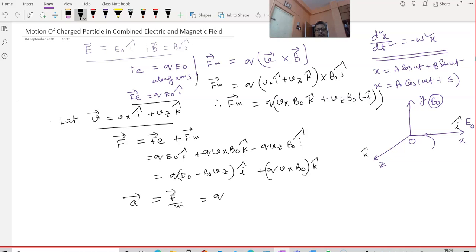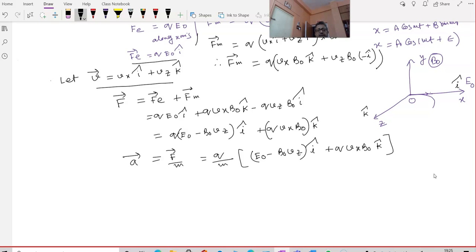So there it will be Q by M common, E0 minus B0 Vz I cap plus Vx B0 K cap.